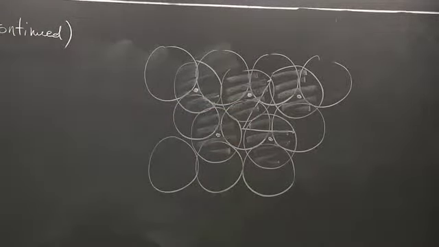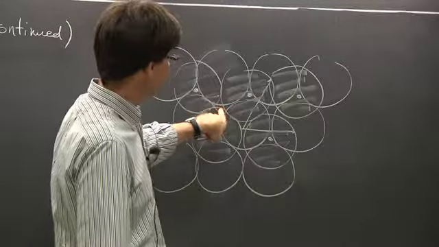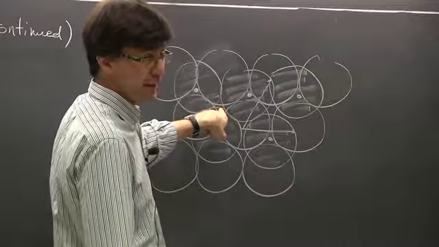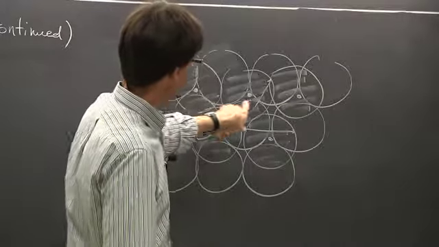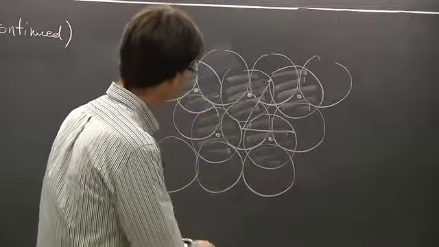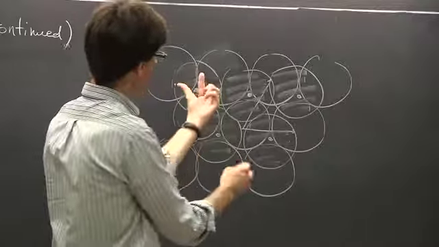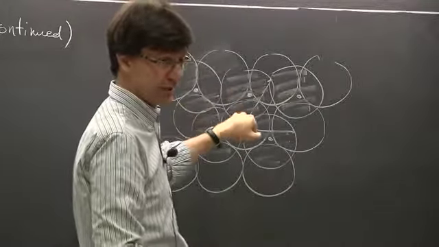Notice, however, that I could have done it in a different way. I could have placed the first ball at the center of this dip, right? And then the balls would have arranged here, here, here, here, and so on and so forth. You probably noticed that here you have a triangle pointing upwards, and here you have a triangle pointing downwards. So they're clearly different.